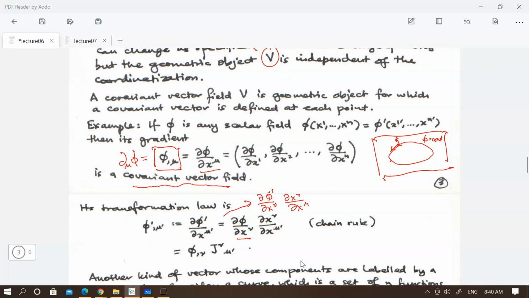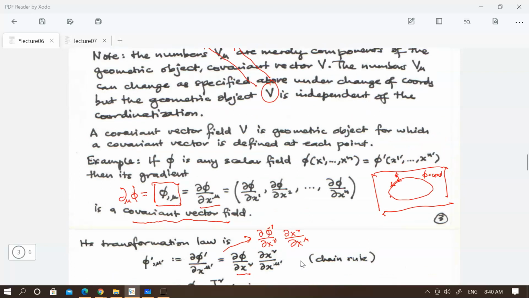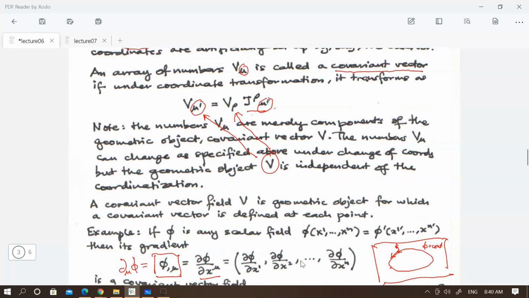But what is this? This is precisely phi comma nu. And what is this? This is J nu mu dash, which is precisely this kind of transformation law that we have defined for a covariant vector.